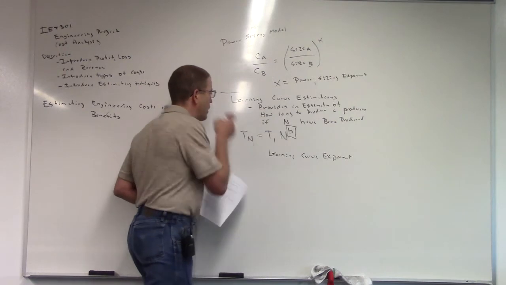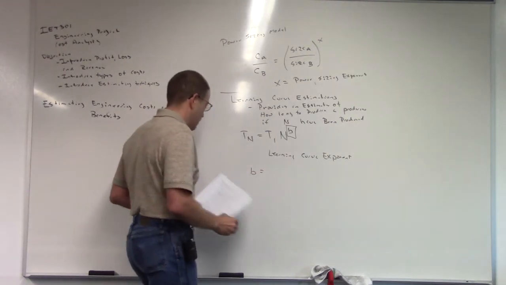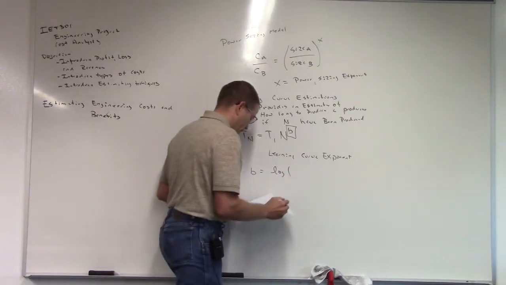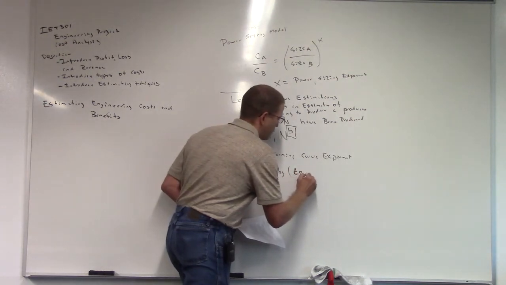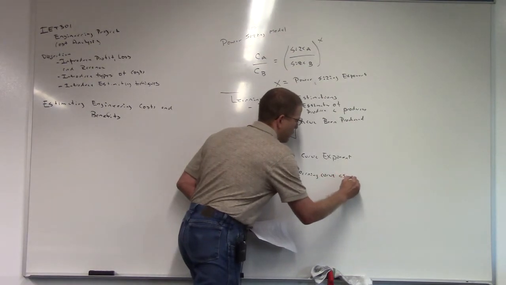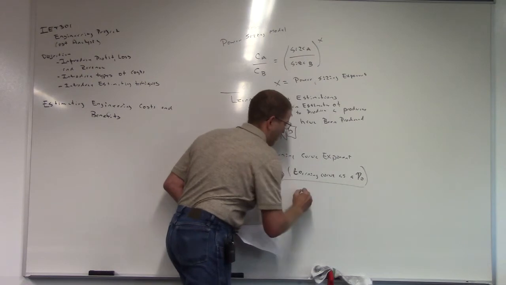And it turns out that you can calculate it by saying that it is equal to the log of the learning curve as a percent divided by the log of 2.